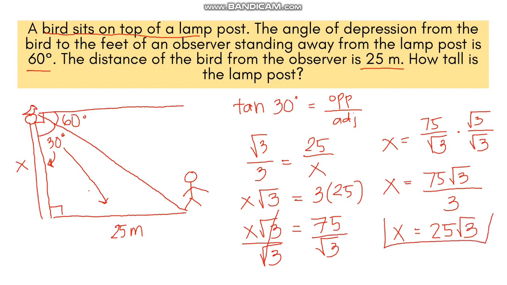So the x now is equal to 25 square root of 3. So we can say that the lamppost is 25 square root of 3, then let's use meters.